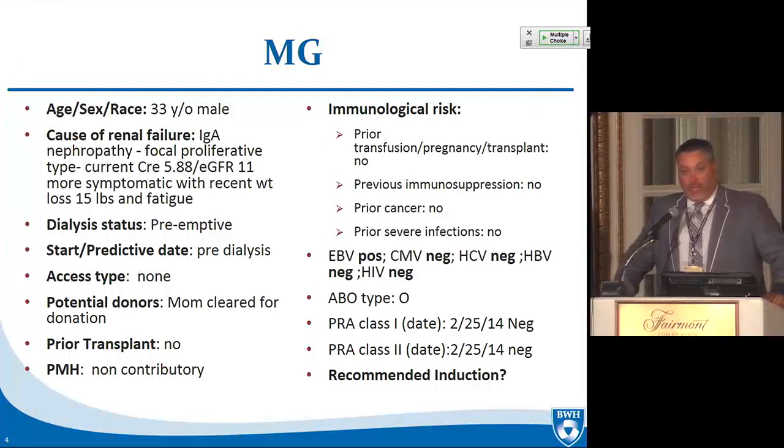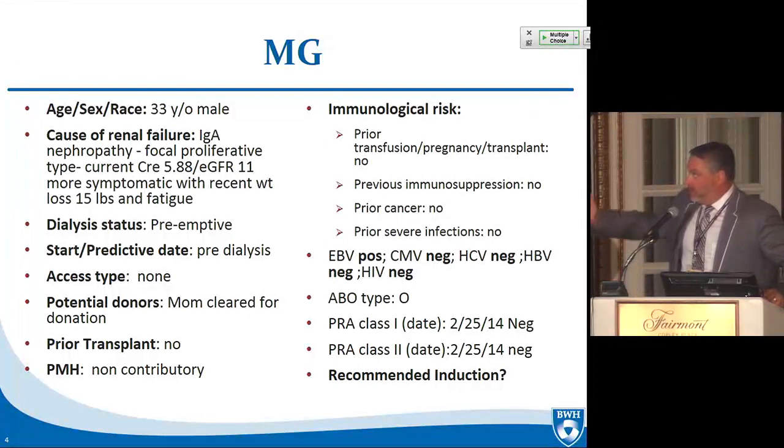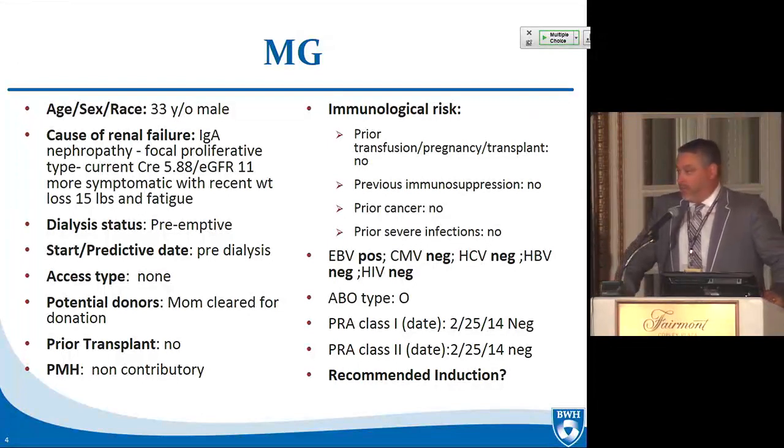Living donor transplant, you could consider using an interleukin-2 receptor antagonist. You could also consider using depletional therapy, especially if you want to limit corticosteroids or limit calcineurin inhibitor exposure. So in a silo, choosing specific induction, you could choose any induction agent you'd like. For this patient, it all depends on what your plan is for maintenance therapy.